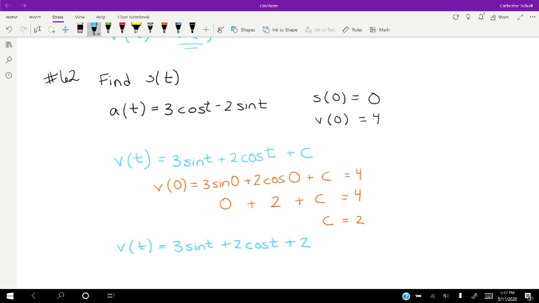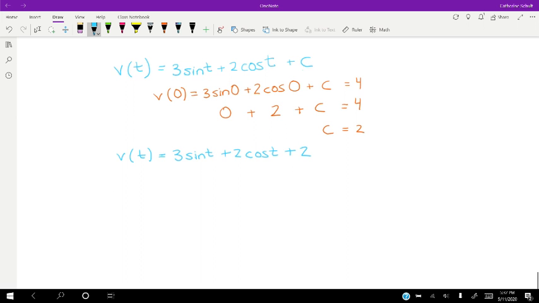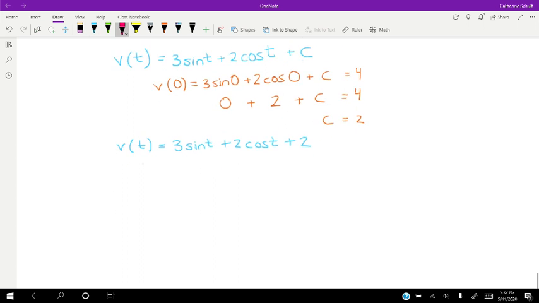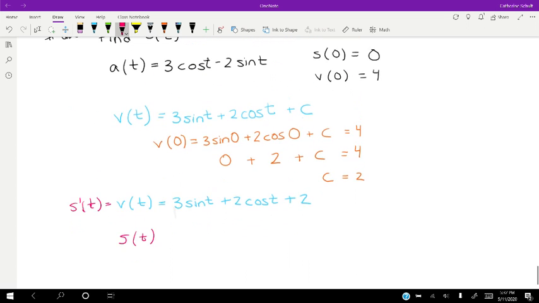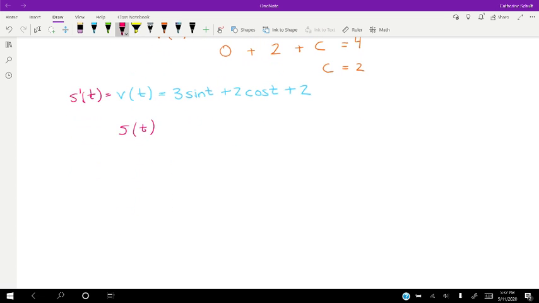All right, so now that we have the velocity function, we can take the antiderivative to give us the position function. That's because s prime of t is equal to the velocity. So we have to think, what function has derivative of sine? Well, cosine's derivative is negative sine, so if our derivative is positive, it was probably negative to begin with.